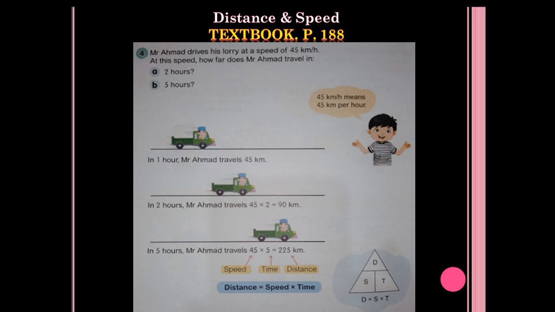At this speed, how far does Mr. Ahmad travel in A, 2 hours, and B, 5 hours? Okay, 45 km per hour. In 1 hour, Mr. Ahmad travels 45 kilometers because the speed is 45 kilometers per hour. That means every hour it reaches 45 kilometers.